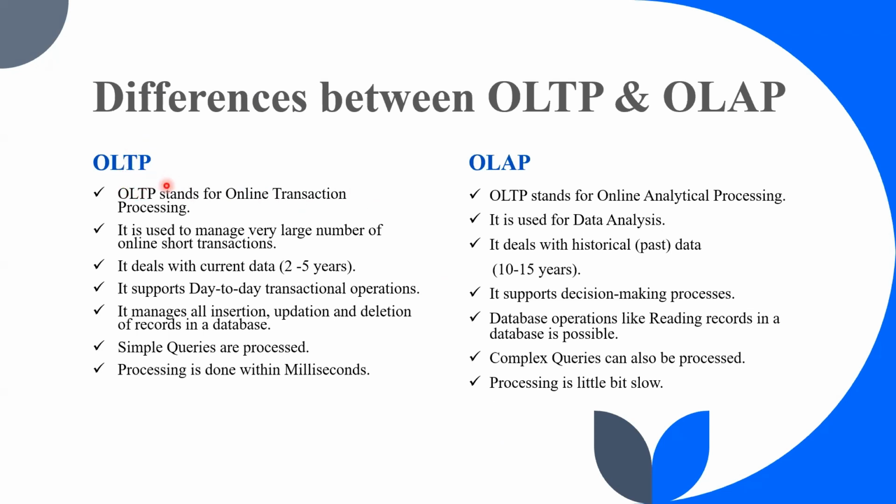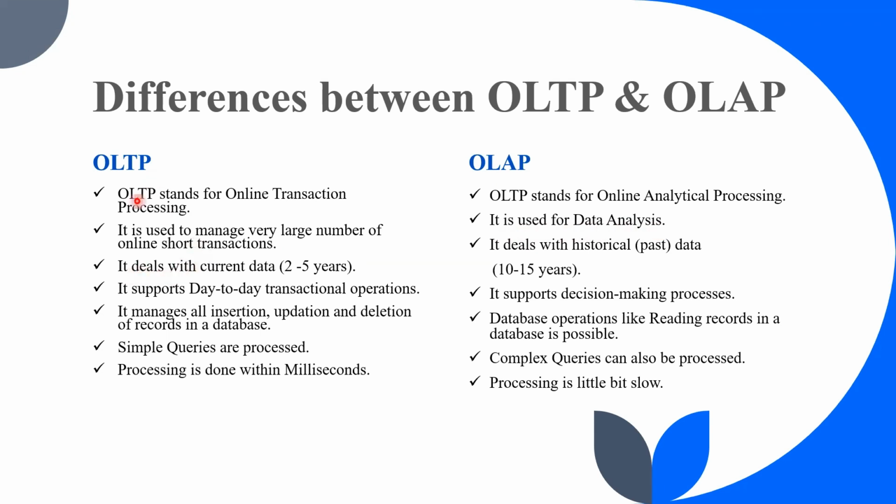In OLTP, OLTP stands for Online Transaction Processing, whereas OLAP stands for Online Analytical Processing. And OLTP deals with large number of short online transactions, whereas OLAP deals with data analysis.